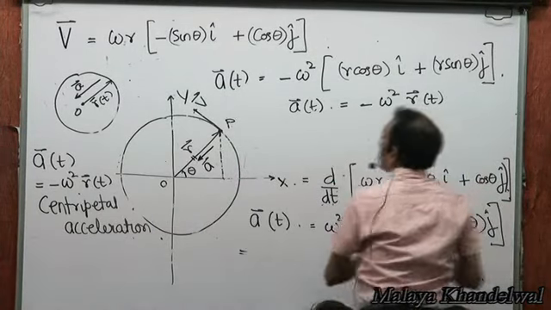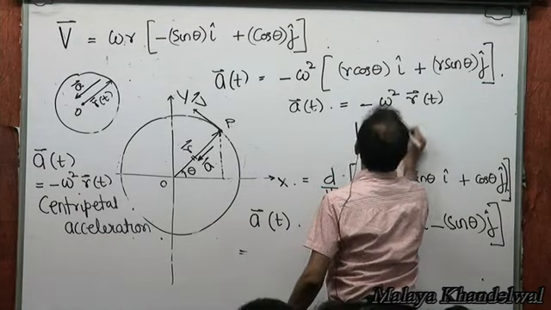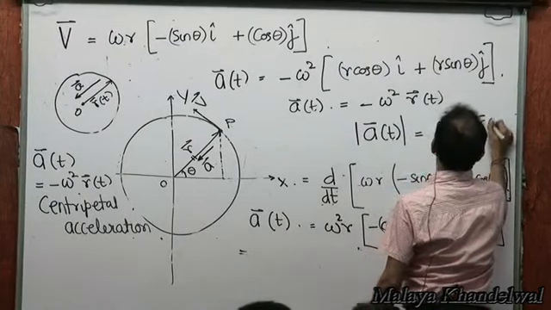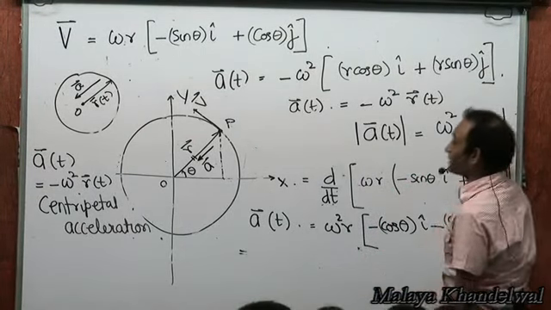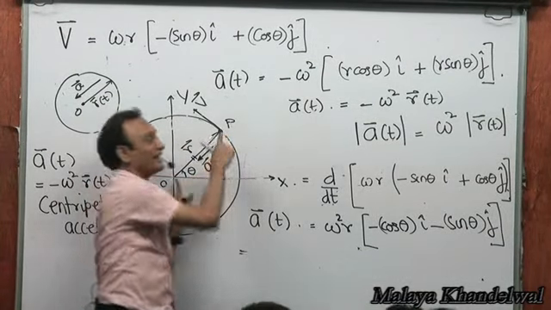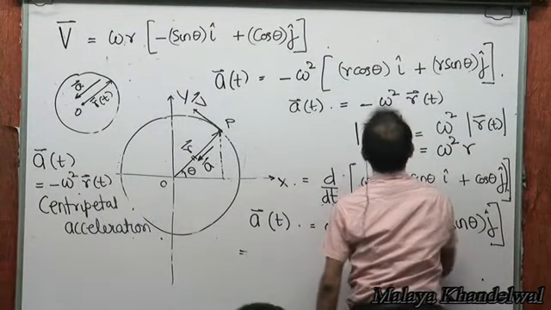The magnitude of the centripetal acceleration is going to be omega squared times the magnitude of r, and the magnitude of r will be the radius of the circle. So this turns out to be omega squared times the radius r of the circle.